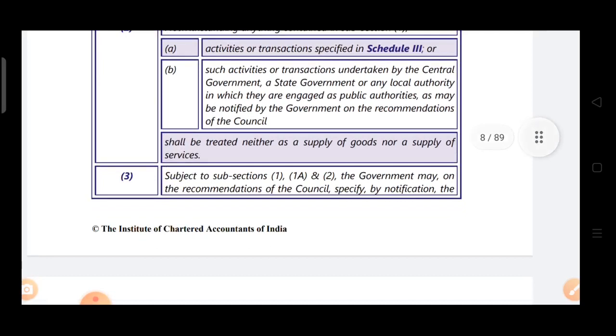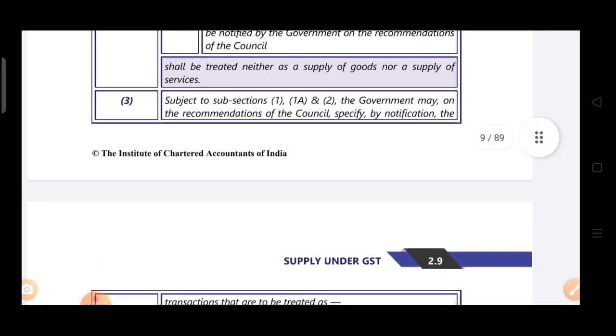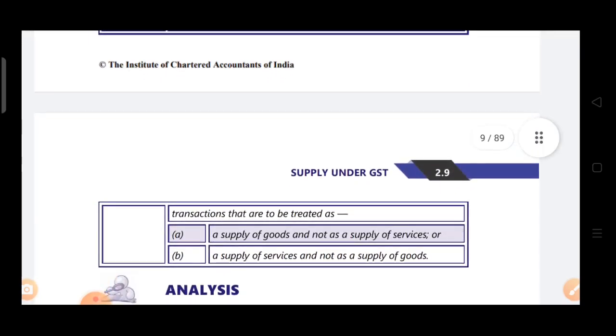Now subsection 3, subject to subsections 1, 1A and 2, the government may on the recommendation of the council specify by notification the transactions that are to be treated as supply of goods and not a supply of services, or supply of services and not a supply of goods.